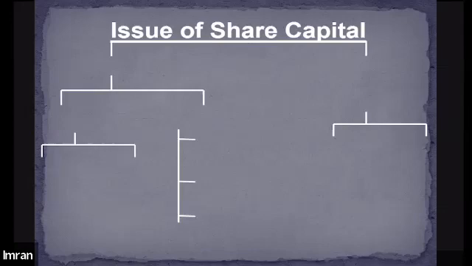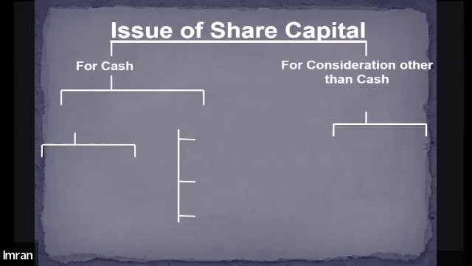So I told you while discussing this that shares can be issued for cash, or it can be issued for consideration other than cash. If it has been issued for cash, then the payment may be received on a lump sum basis, that means the entire amount will be received at a time, or it can also be on an installment basis.